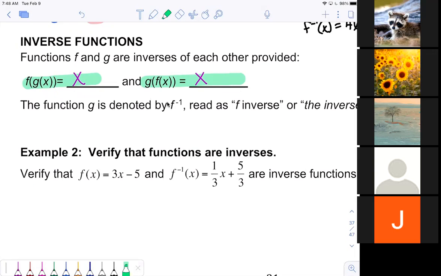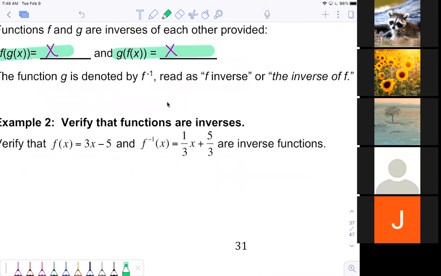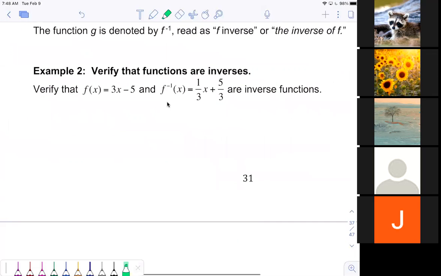And both conditions have to be met. So this is one of those if and only if statements. So f of g of x must equal x and g of f of x must equal x. And f^-1 can be read f inverse or the inverse of f, depending on how you want to state that information.